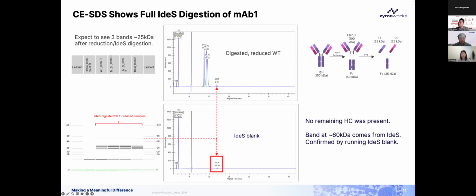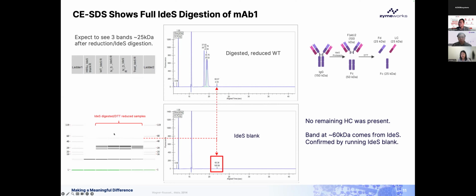After digestion and reduction, we expect to see three bands around 25 kilodaltons, because IdeS will cleave below the hinge region and DTT will break the disulfide bonds, leaving us the Fd, Fc, and light chain. Looking at the result on the left, there are three bands corresponding to the three antibody fragments.